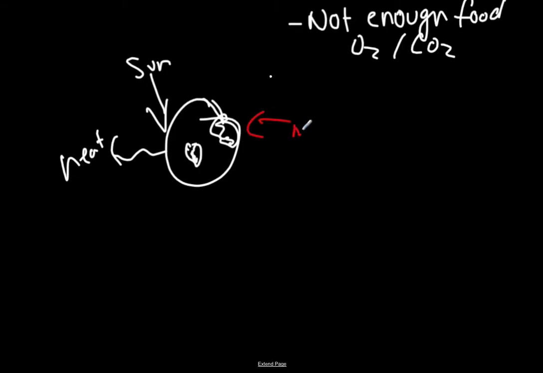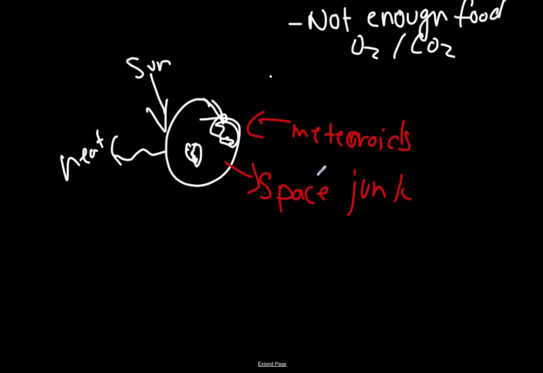So we have meteoroids. But we also send stuff like satellites and other space junk into space. So as close as we can get to a closed system is the Earth, but it's not a true closed system.